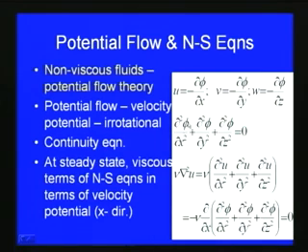So, for the irrotational case, we can write del square phi by del x square plus del square phi by del y square plus del square phi by del z square is equal to 0.